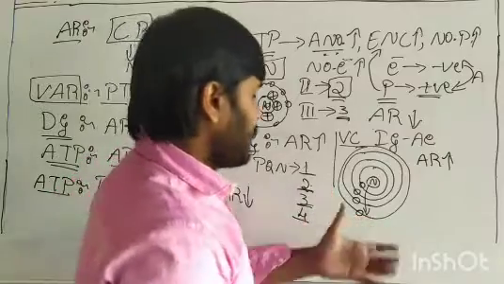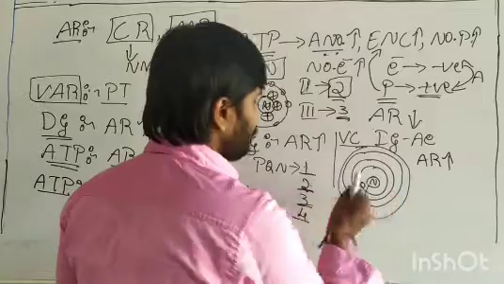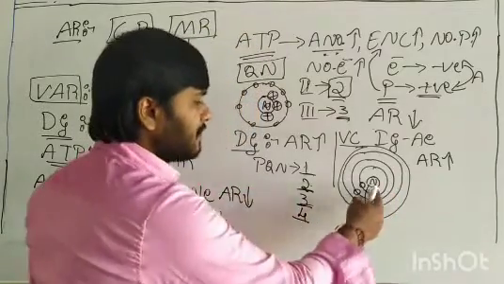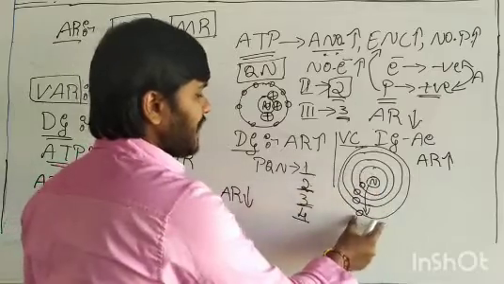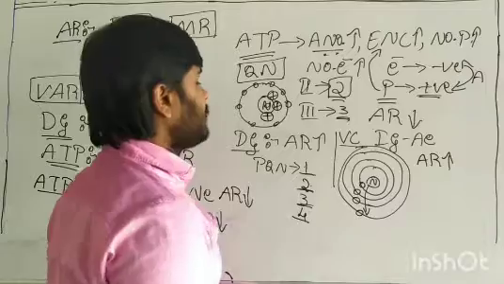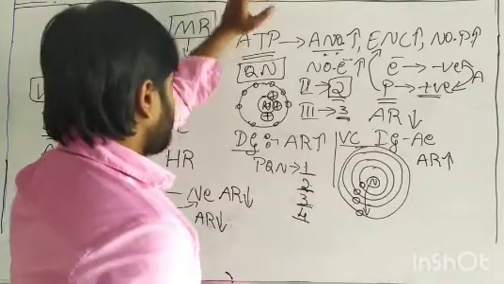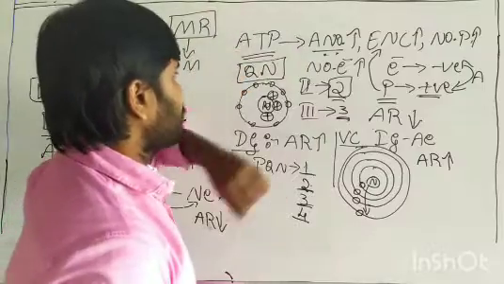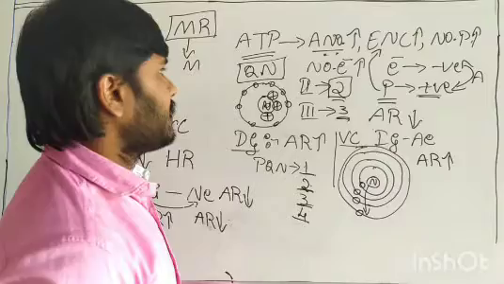So here, does effective nuclear charge increase or not? Obviously here also effective nuclear charge increases, but the distance is too high between the nucleus and the outermost orbit. This is one major reason why along the period atomic radius decreases, whereas down the group atomic radius increases.